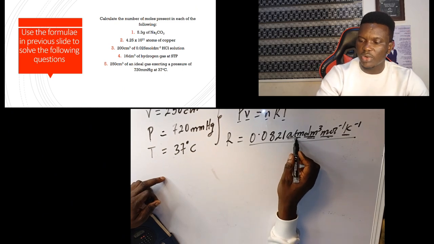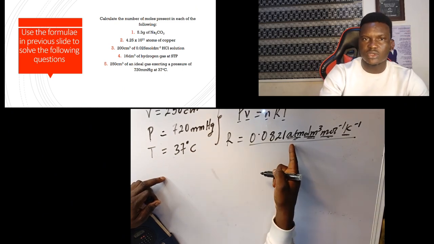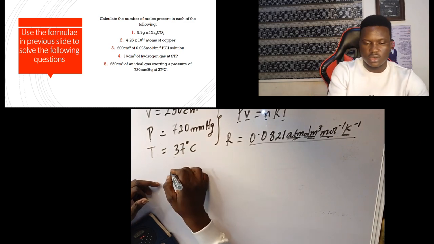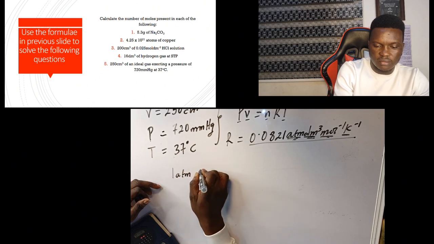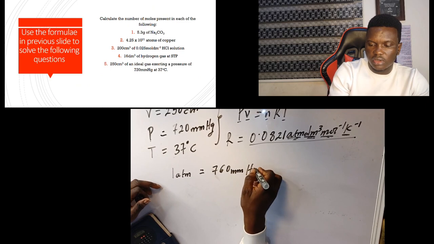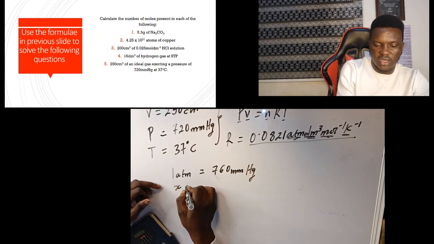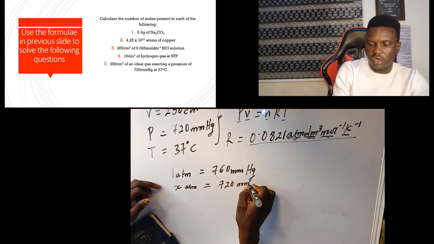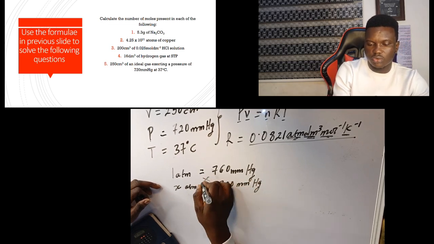How do we convert pressure from millimeter of mercury to atmosphere? So you see why the first statement I said is important. 1 atmosphere will give us 760 millimeter of mercury. So how many atmospheres will I get from 720 millimeter of mercury? You can just cross multiply.